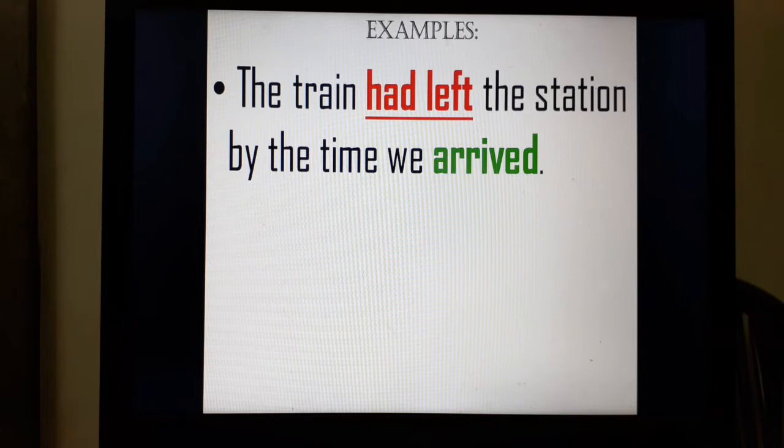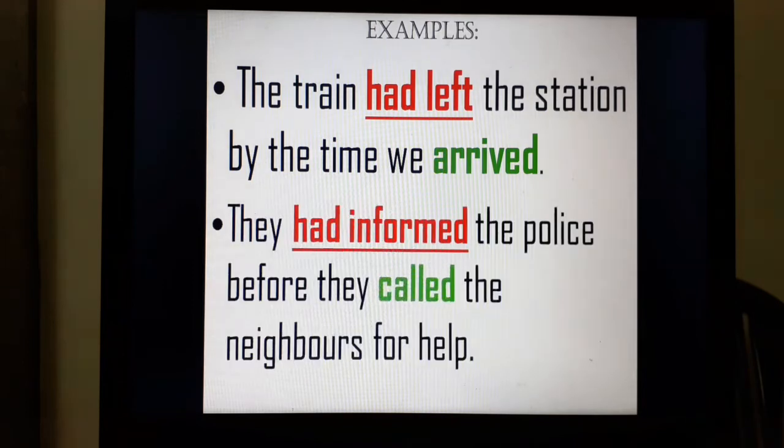Yes, the train left the station, and the second action is our arrival. Let's see one more example sentence. They had informed the police before they called the neighbors for help. Here also two actions took place. First, they informed the police, and later they called the neighbors to render the help.